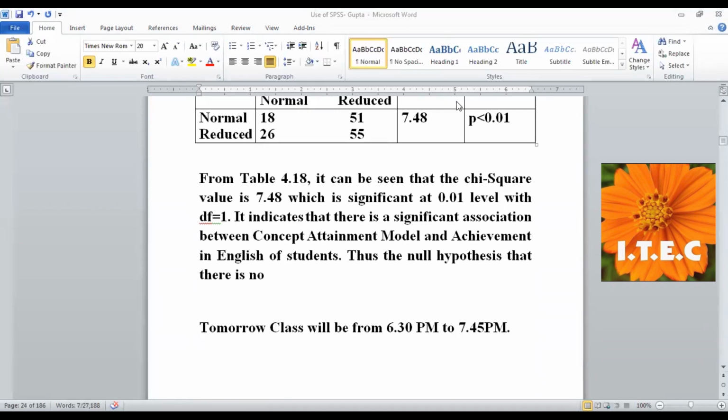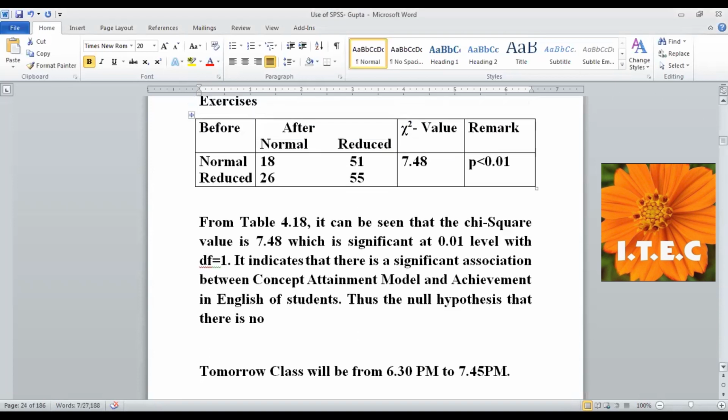Yes, there are 26 people who before the exercise were in the reduced category, and after the exercise they have become normal. It can happen because when you do exercise, you may increase your food intake and you may gain weight. It is possible.